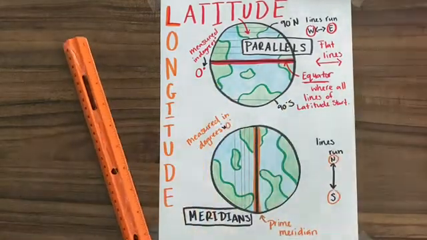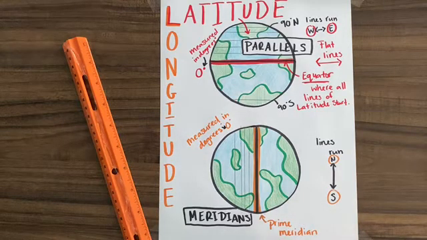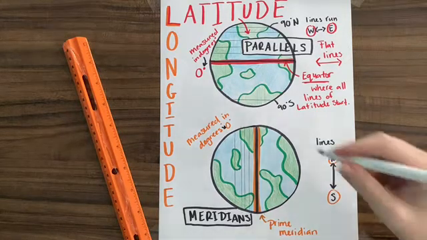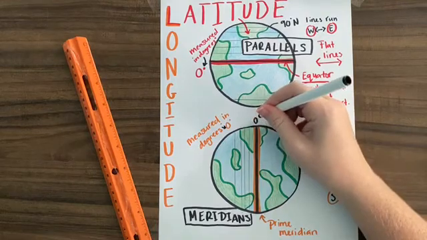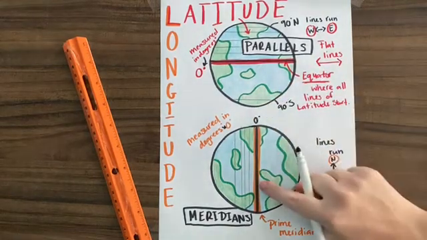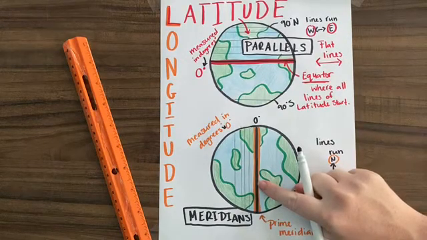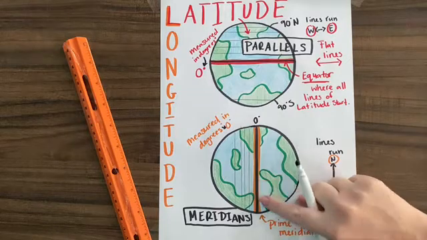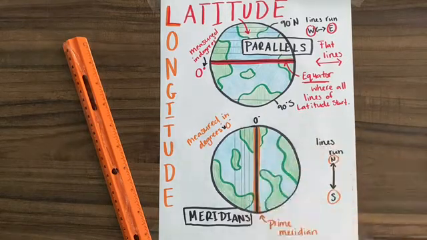So my lines aren't perfect. They'll be better looking on an actual map. But the way we measure these is the prime meridian in the middle is 0 degrees. So this one is 0 degrees.